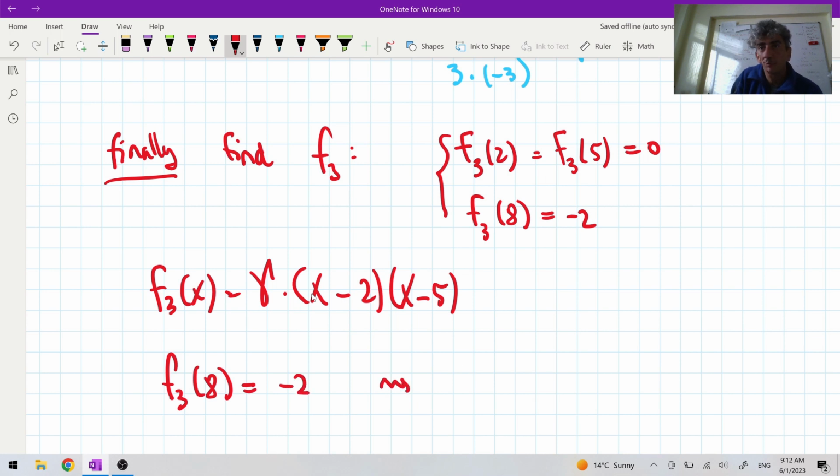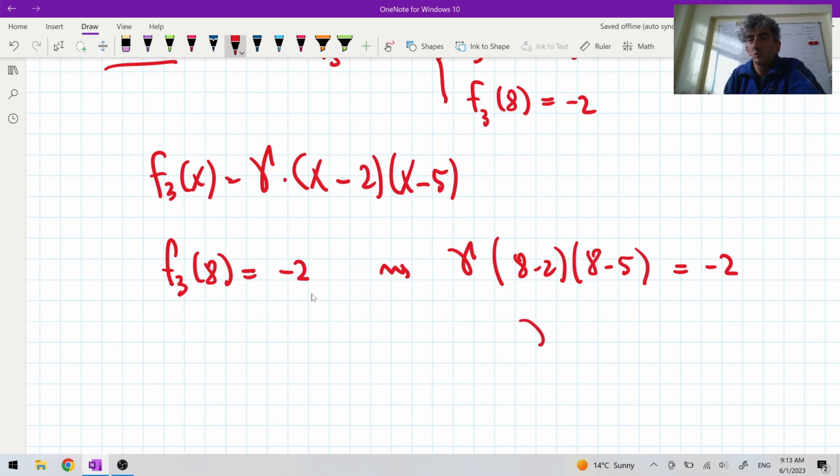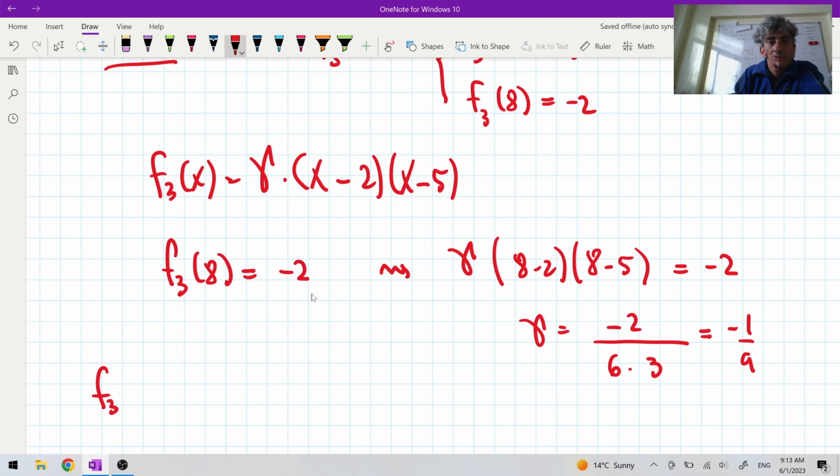So that means that gamma times 8 minus 2 times 8 minus 5 will be minus 2, and this we will have to solve for gamma. So gamma is minus 2 over 6 times 3. Okay, so minus 1/9. And f sub 3 of x is completely determined.